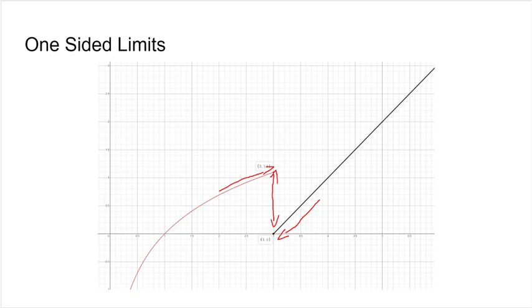You're going to use the method from two-sided limits where there's a hole, and you'll see that basically you can do it just from one side and make that estimation from there. So for example, if we wanted to find the limit from this function, we would write it like this.